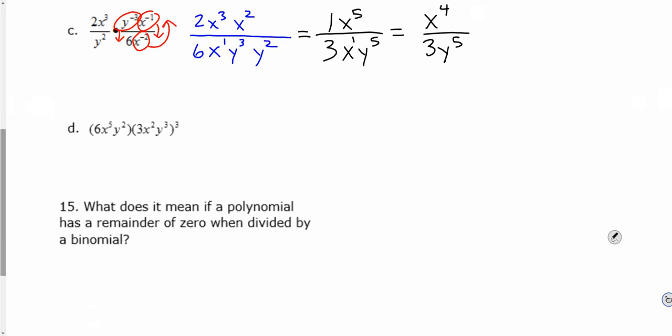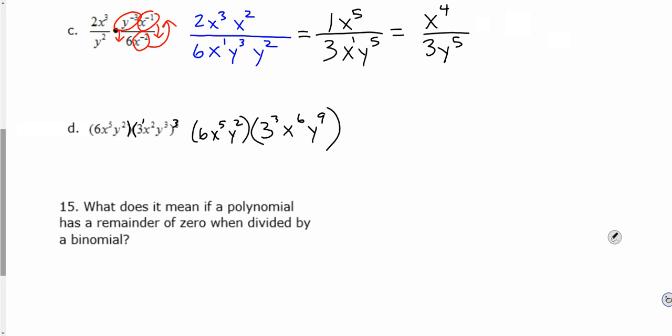On this one, this says multiply, but then we have this exponent out here, so we've got to do the exponent first. So for the exponent part of it, it's going to be 3 to the 3rd, because this has a 1 on it, x to the 6th, y to the 9th. So that's that part. And we bring the other part back in, 6x to the 5th, y squared.